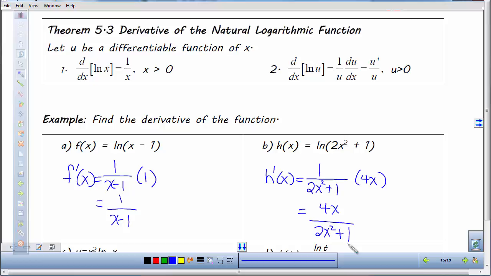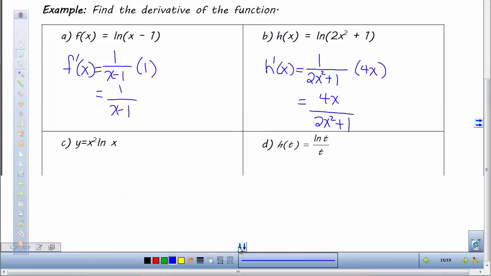This is what I mean when I say, notice that we've got 2x squared plus 1 to the first power on the bottom, and up top we've got the derivative of that, which is just 4x. So start training your mind now. When I see that, then the integral is going to be the natural log of the thing that's on the bottom, if it's to the first power on the bottom and I've got the derivative up top. Can you catch these? Yes.